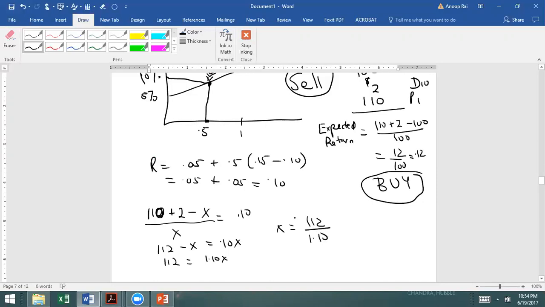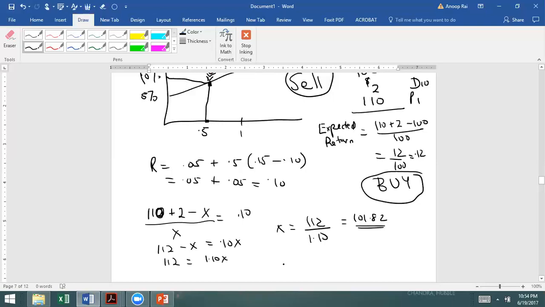Let me do that. And it should be $101.82. So when it reached $101.82, your expected return should be 10%.